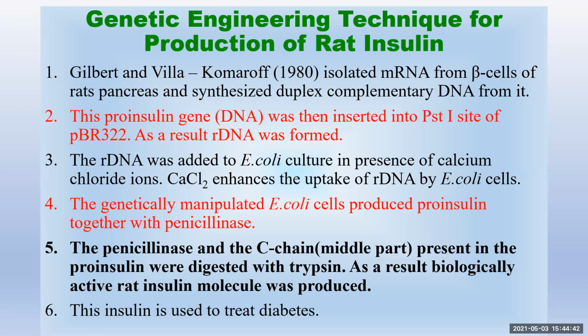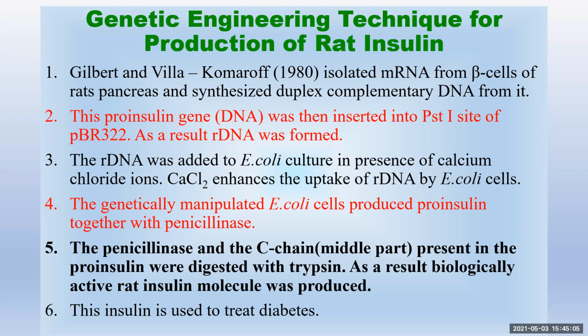The pro-insulin gene was inserted into the PstI site of the pBR322 plasmid. As a result, recombinant DNA was formed.